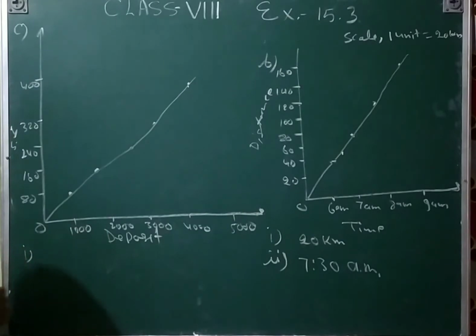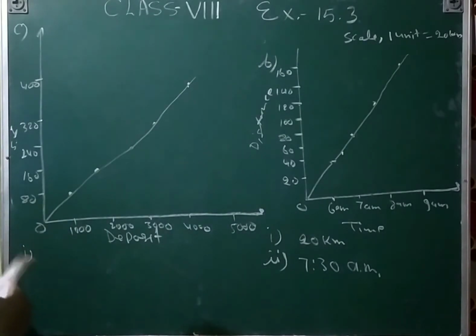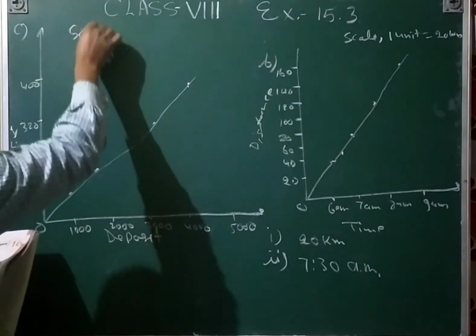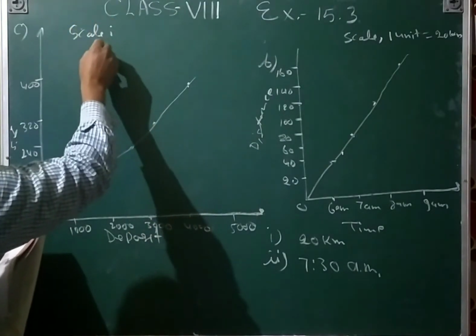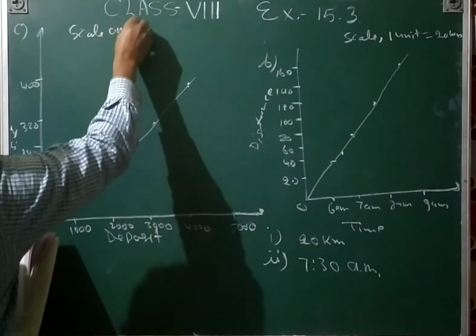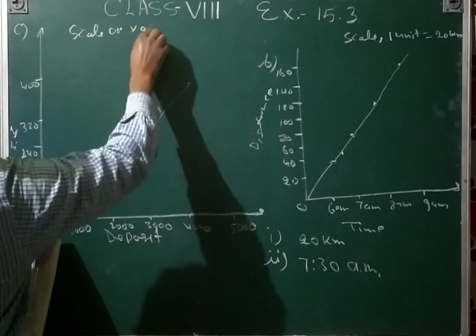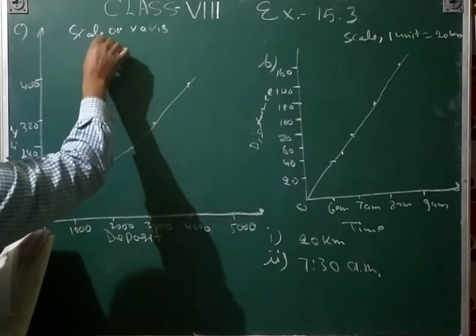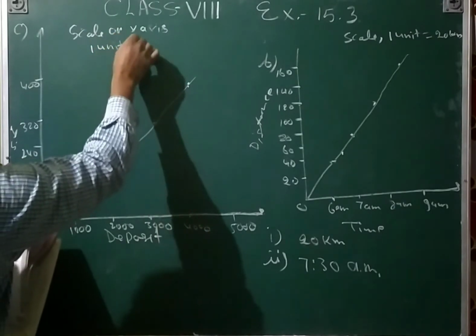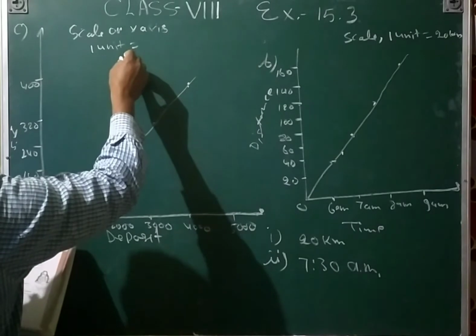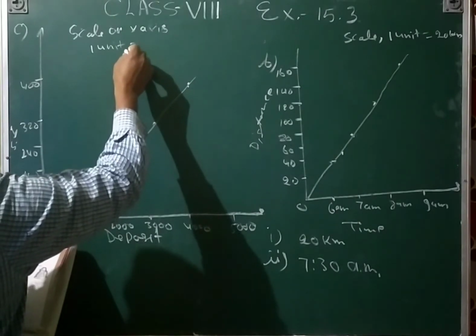And then here the scale also we will write. What is the scale on x-axis? On x-axis, 1 unit is equal to 1000 rupees.